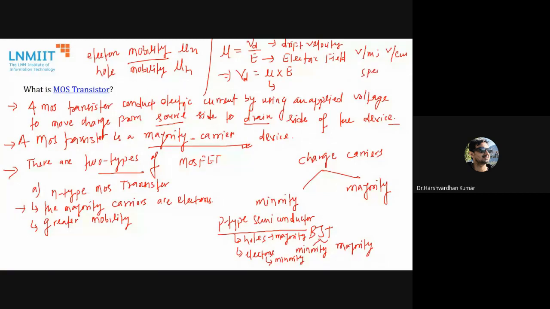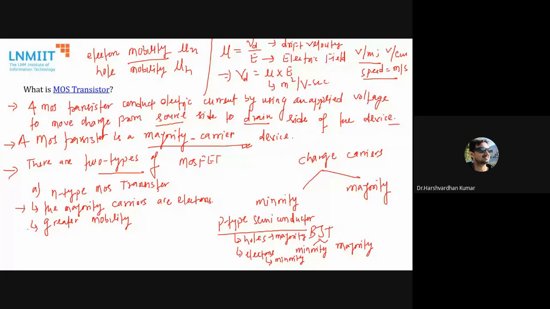So according to this relation, the unit of mobility will be meter square per volt second. Good. So in case of electrons, the mobility is higher, right?